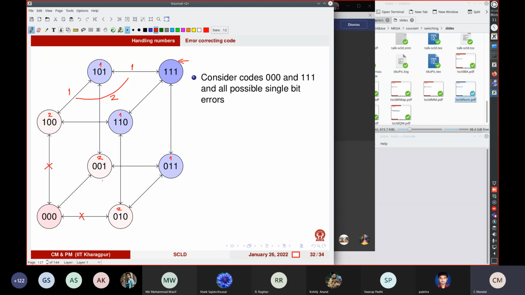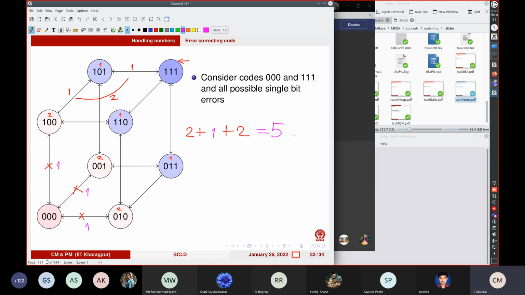So with 2 plus 1 plus 2, the distance is 5.